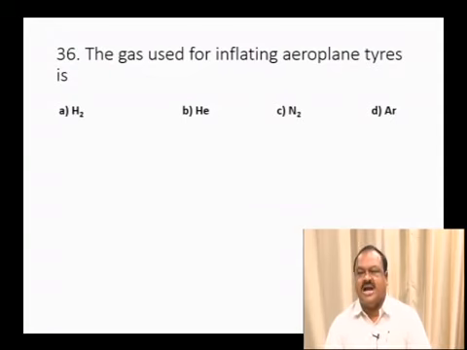It does not react with rubber, hence it is used for inflating aeroplane tires. The answer is B.